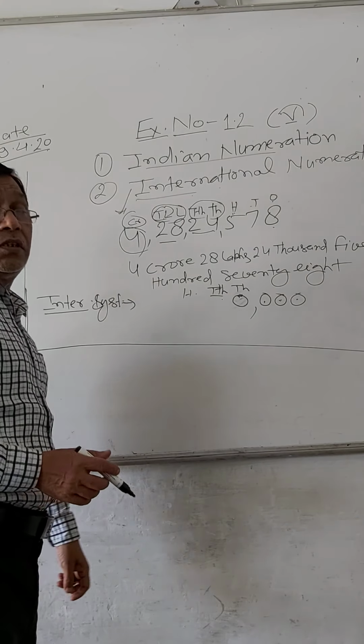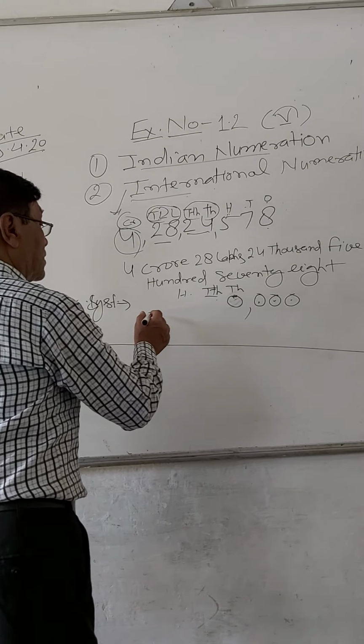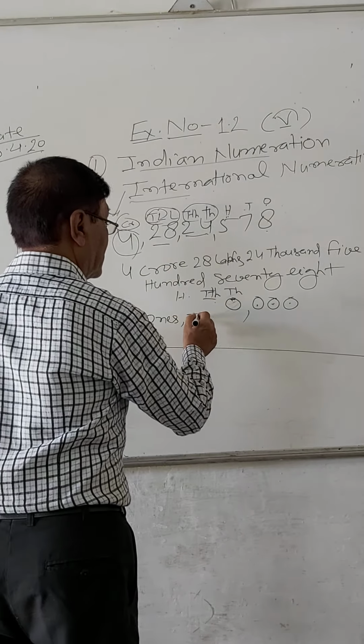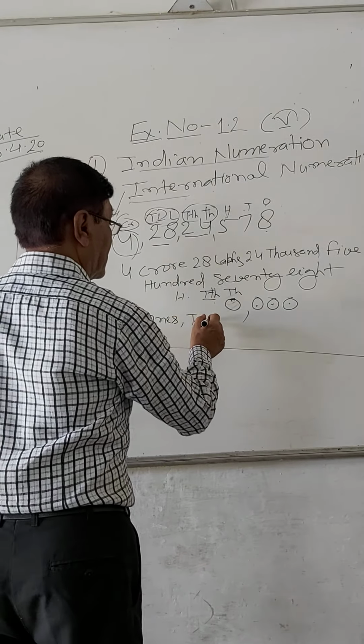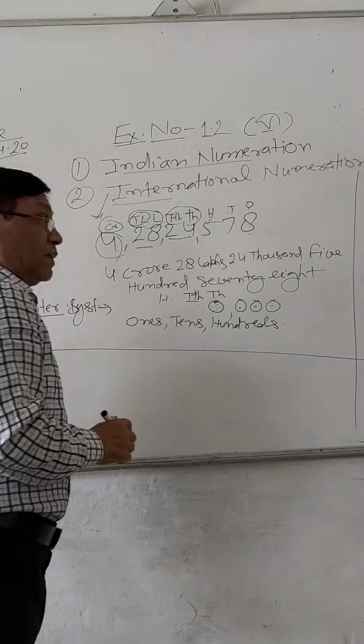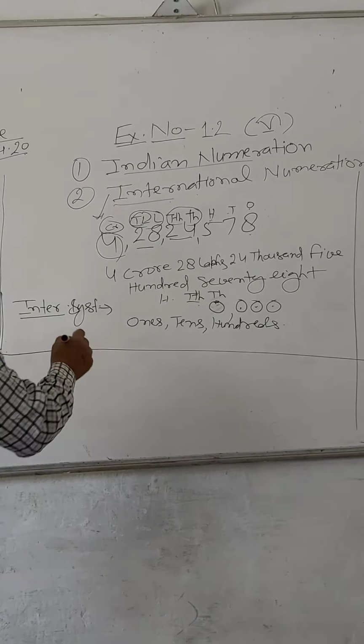After 100,000, directly it is coming. First ones, tens, hundreds. After that, thousand, 10,000, 100,000. Then after 100,000, which number comes? Directly it comes million.